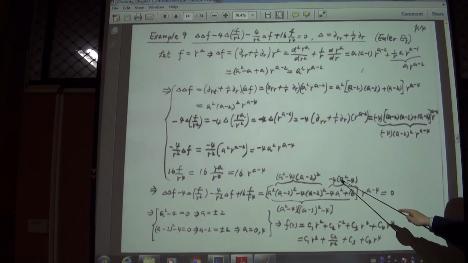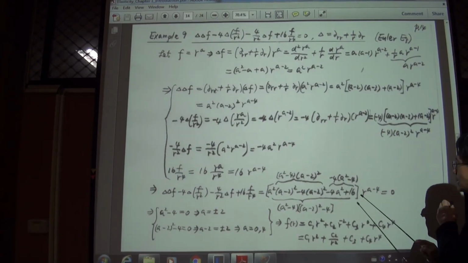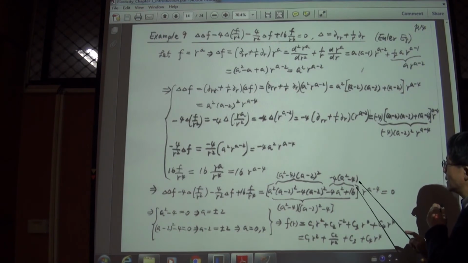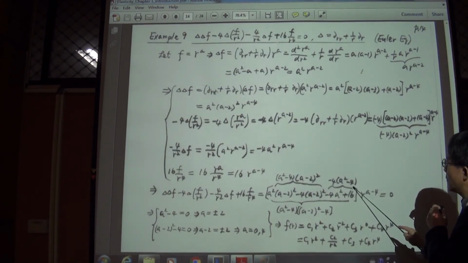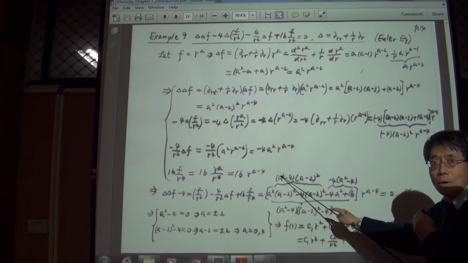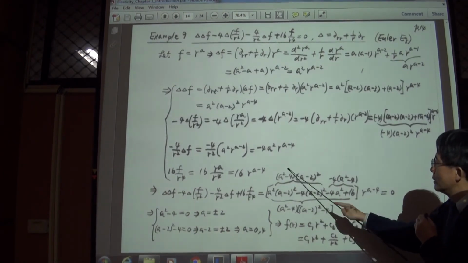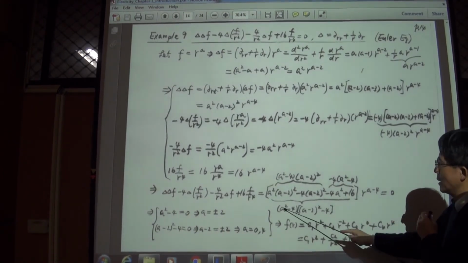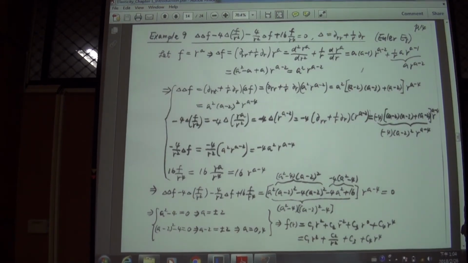We take it out, it's a squared minus 4. But once you have done this, you understand that this a squared minus 4 equals this a squared minus 4. So this one is a common term. We can take it out here. The rest will be in the bracket.